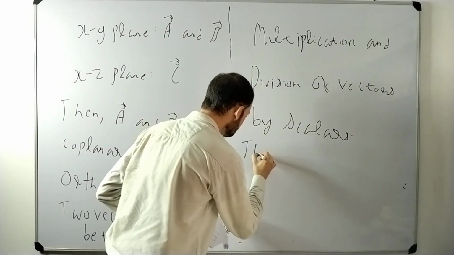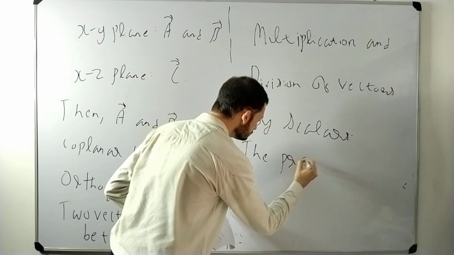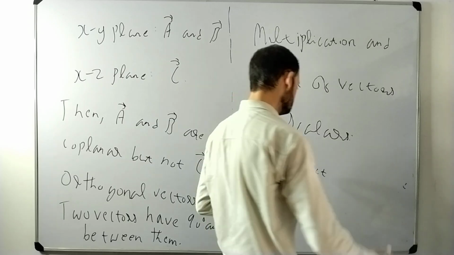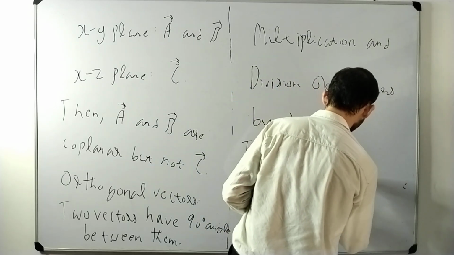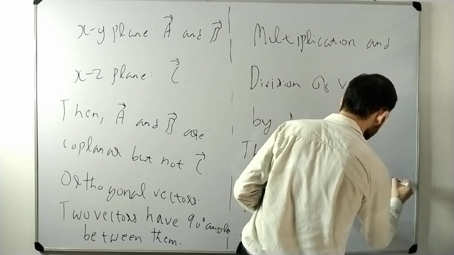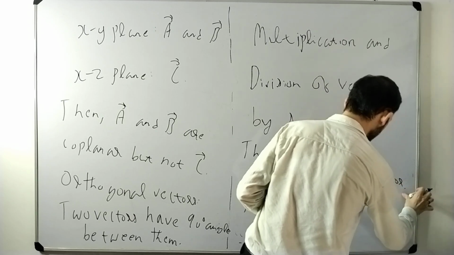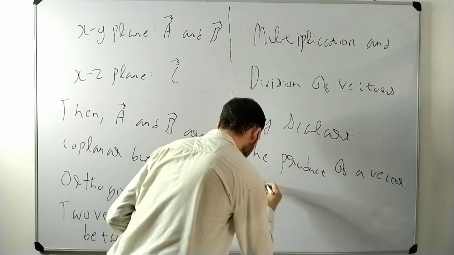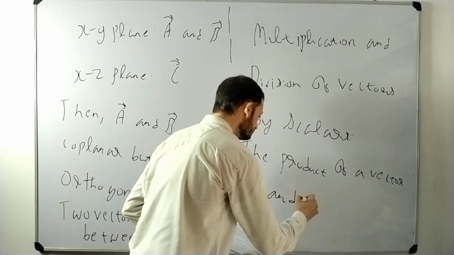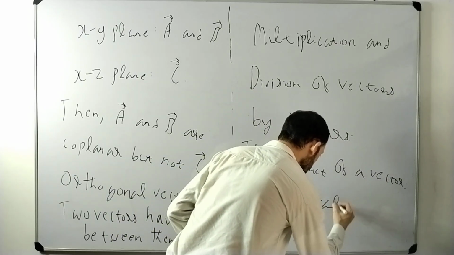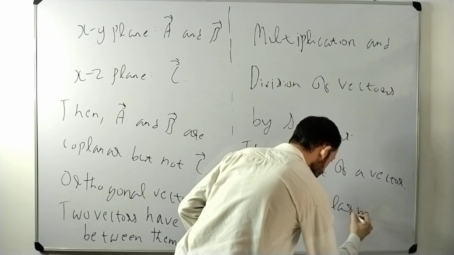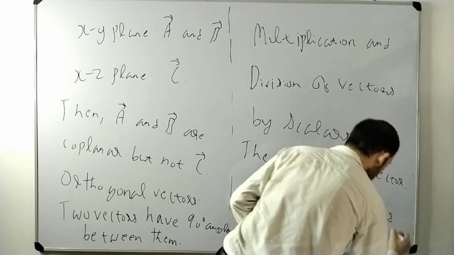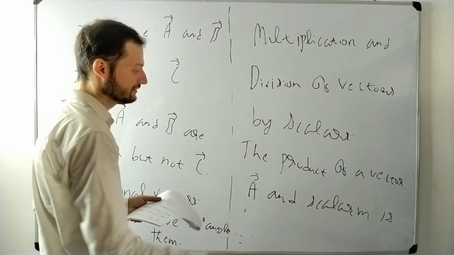The product of a vector and a scalar: the product of a vector A and a scalar M is a vector MA. Quite interesting, no?